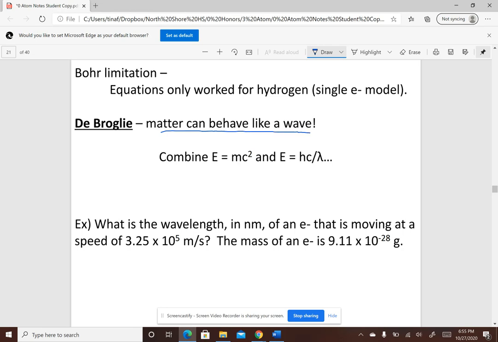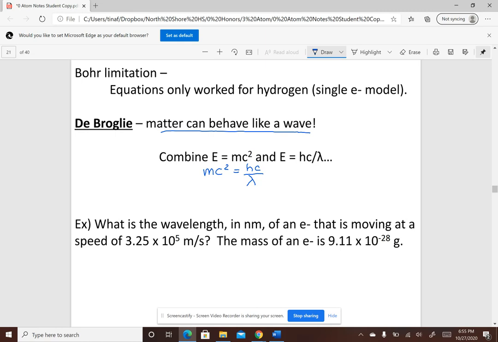So what he did was he combined these two equations that we've looked at already. So if mc squared and hc over wavelength are both equal to energy, then we can actually set those two equations equal to each other. Okay.